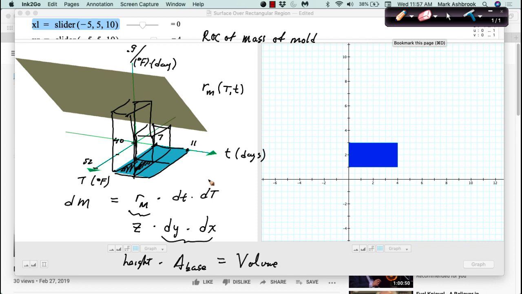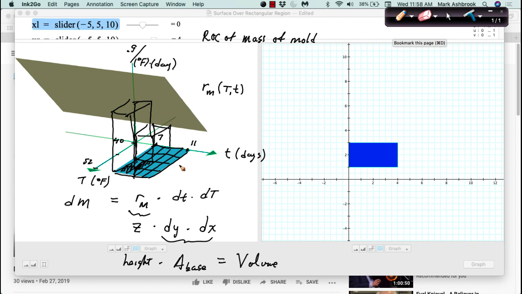So how do we make a better estimate? Use a smaller dx and a smaller dy, and then add up more narrower columns. More narrower columns will do a better job calculating this mold mass. In this case, mold mass. But in the geometric situation, these volumes of these rectangular columns get skinnier and skinnier for smaller and smaller dx and dy.